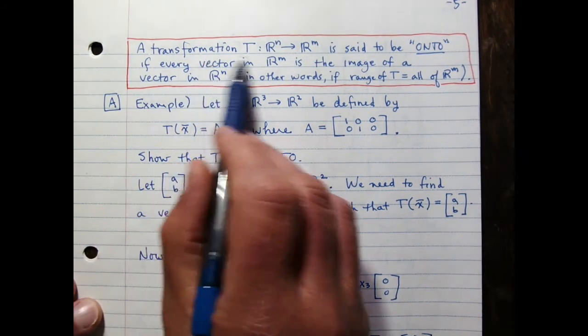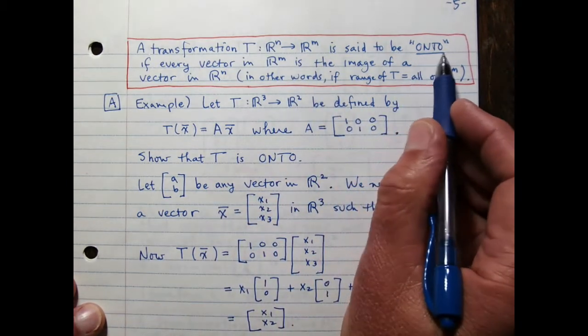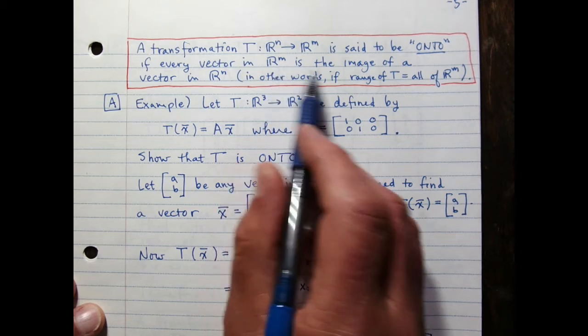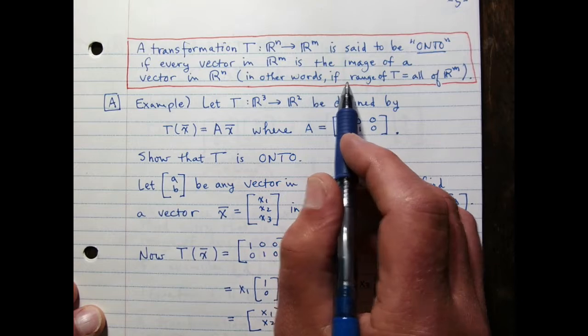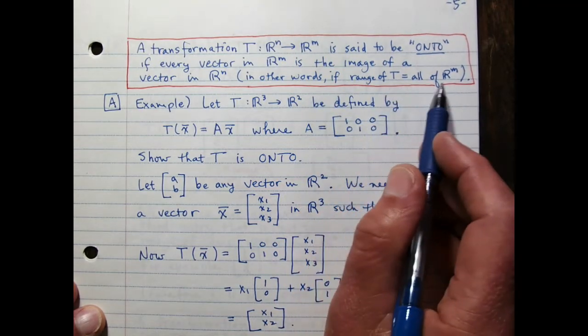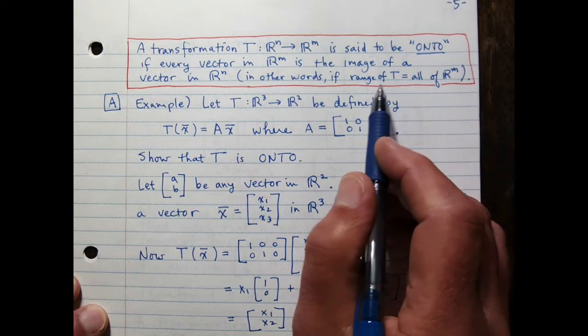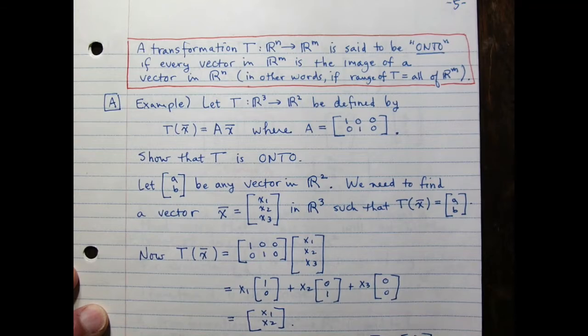A transformation T from Rn to Rm is said to be onto if every vector in Rm is the image of a vector in Rn. In other words, if the range of T equals all of Rm, or using some of our other language, the range equals the codomain.